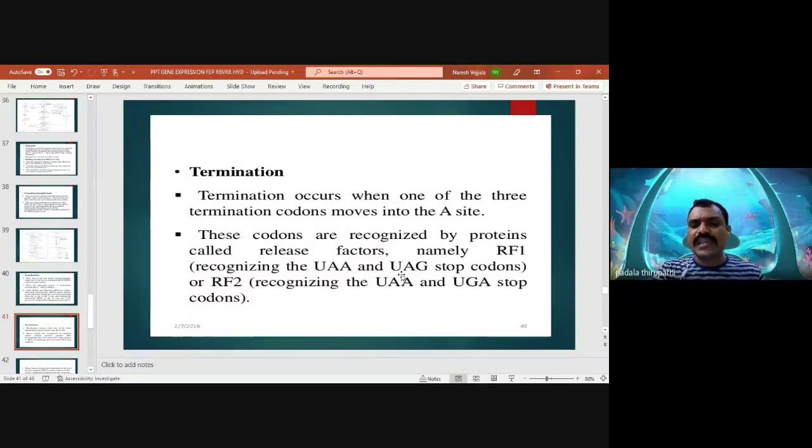UAA and UAG are recognized by RF1, and UAA and UGA are recognized by release factor 2. So these two release factors recognize the stop codons.